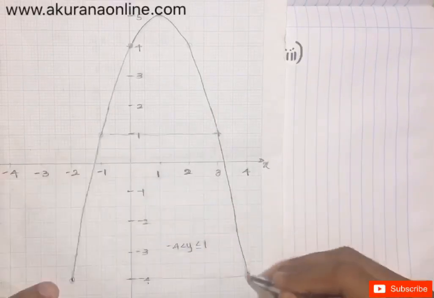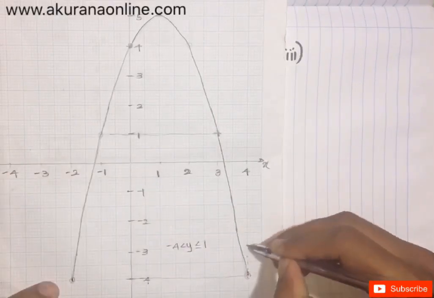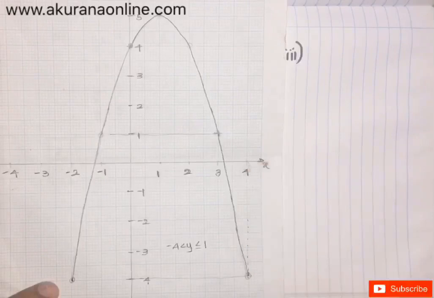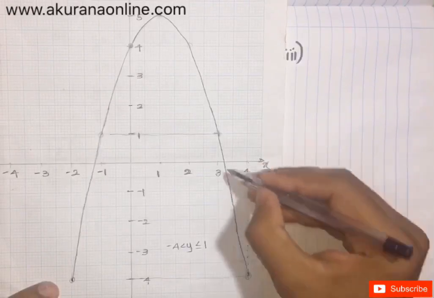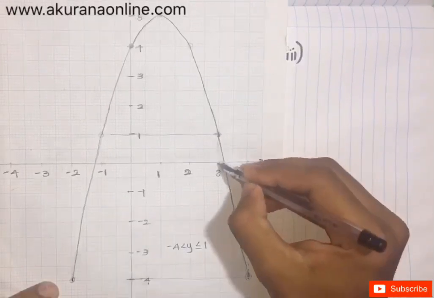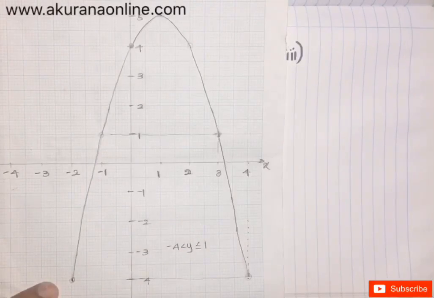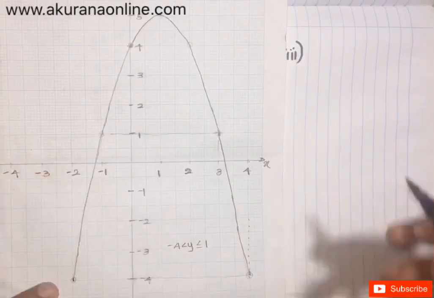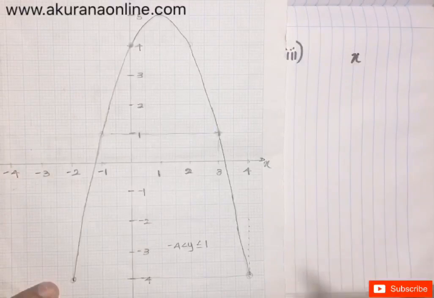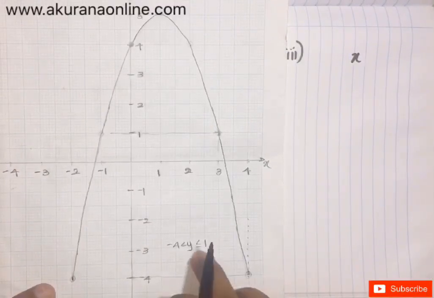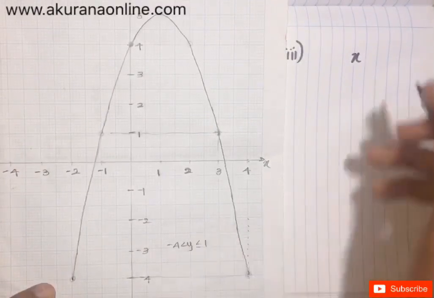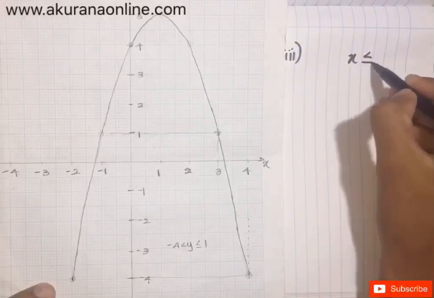Now let us find the value of x. If you take this point, the value of x is equal to 4, and if you take this other point, the value of x is equal to 3. Therefore, this is the way of writing it. Here they have said y can be even equal to 1, so you have to use the equal sign here.